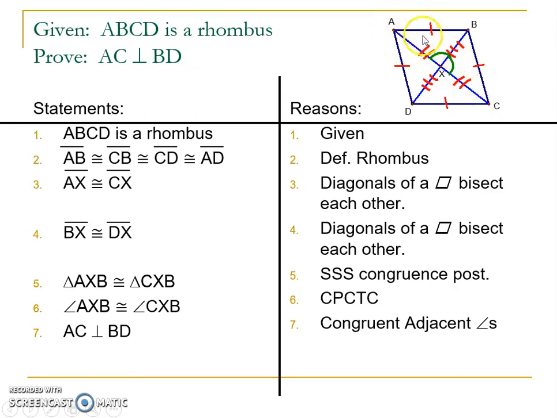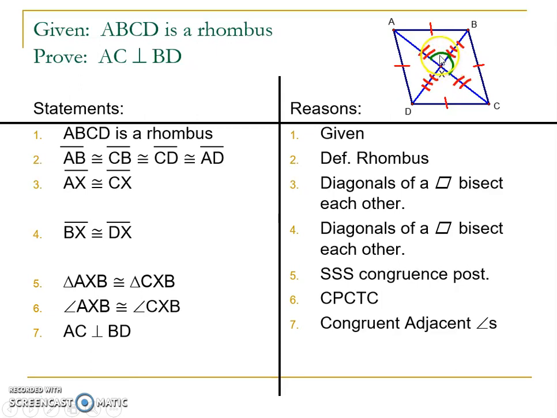So you can conclude that this triangle is congruent to this triangle because of side, side, side, right? And then these two angles are congruent because of CPCTC.